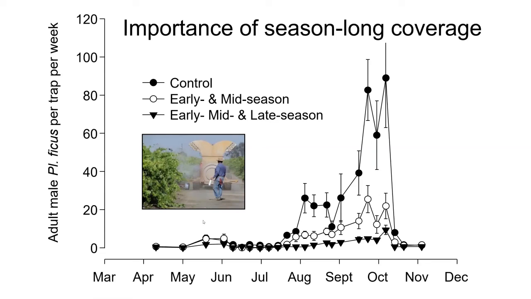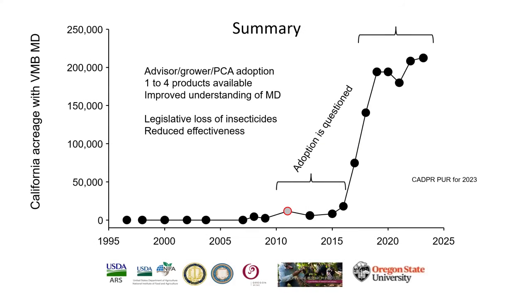So with knowing how to use mating disruption, having different products, having Monica, having David, having others talking about this application, look where we are now, this huge increase after 2016.